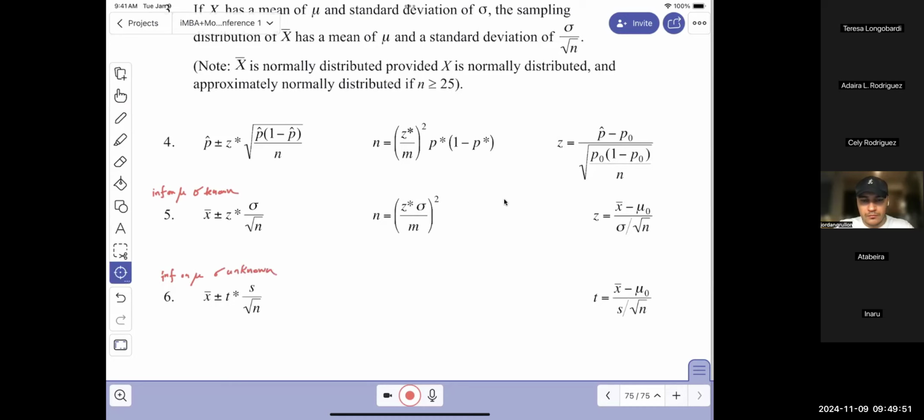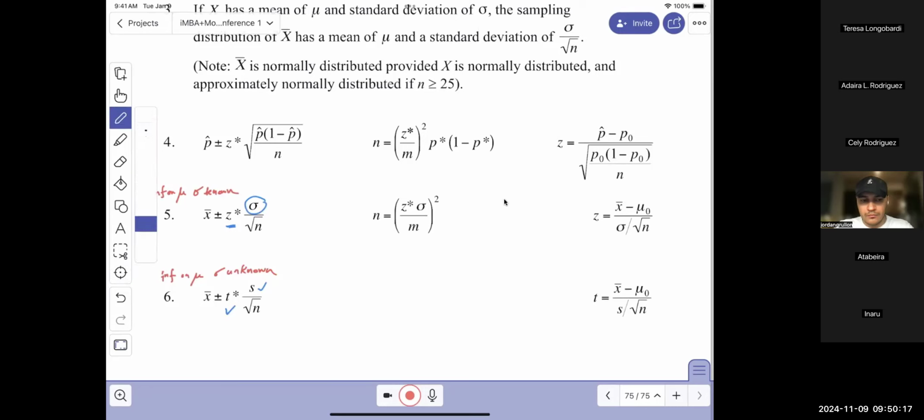So you see it's the same formula, except I'm using S because sigma is not known. But the cost of doing that is I can no longer use Z. I have to use a new distribution called the T distribution. So basically it's putting S in here and T instead of Z.